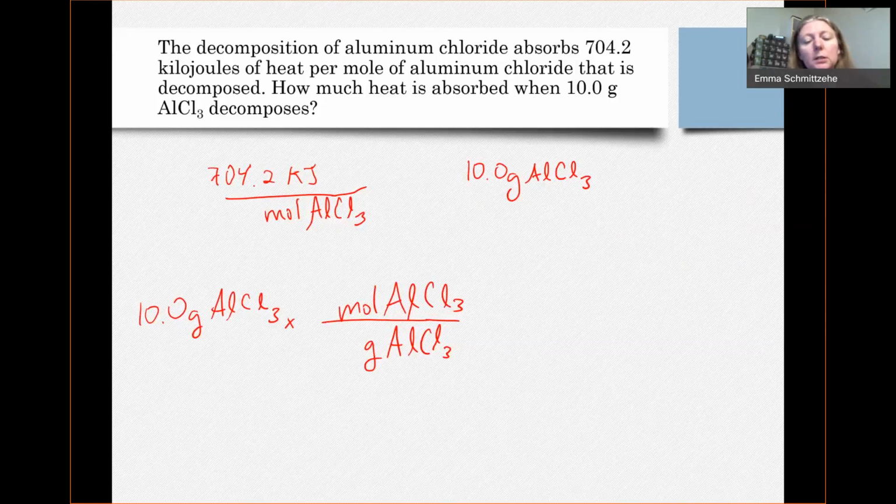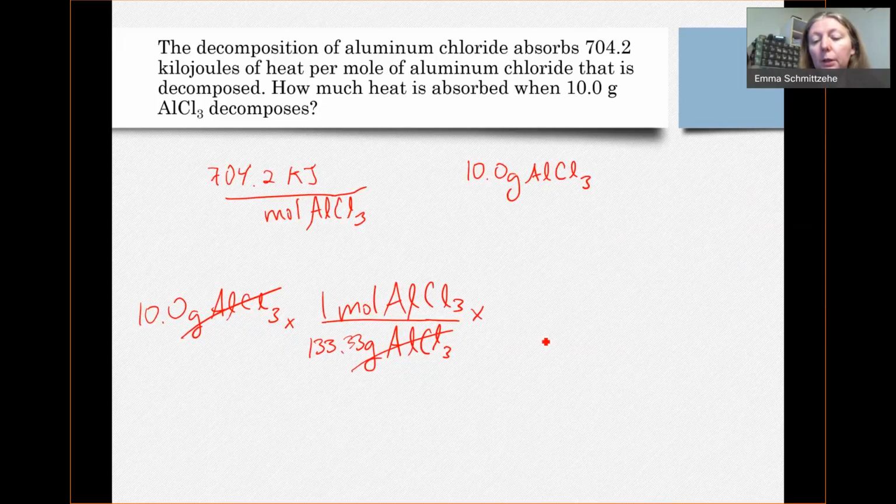For this, we have 26.98 for aluminum plus 3 times 35.45 for our chlorine, and that gives us a molar mass of 133.33 grams per 1 mole. So that cancels my grams of aluminum chloride. Now you can stop and calculate, or you can continue the dimensional analysis, which is what I'll do.